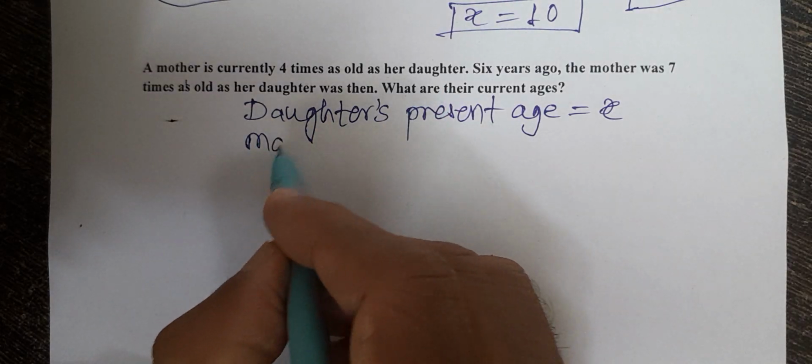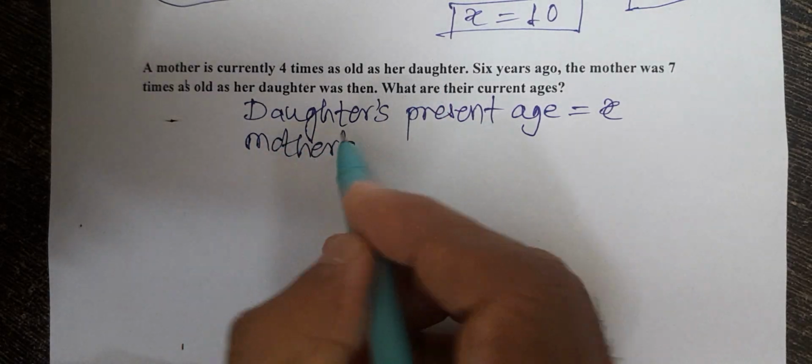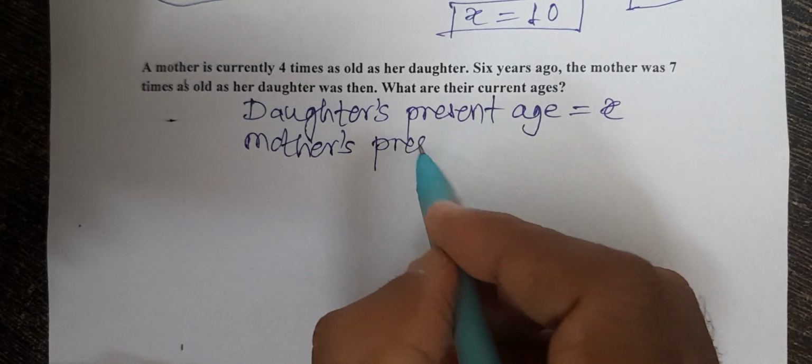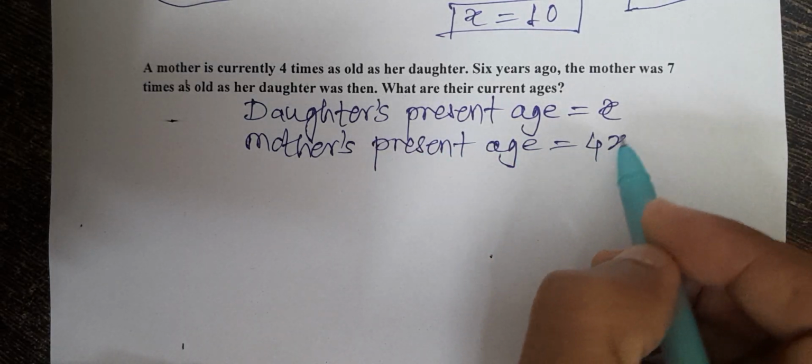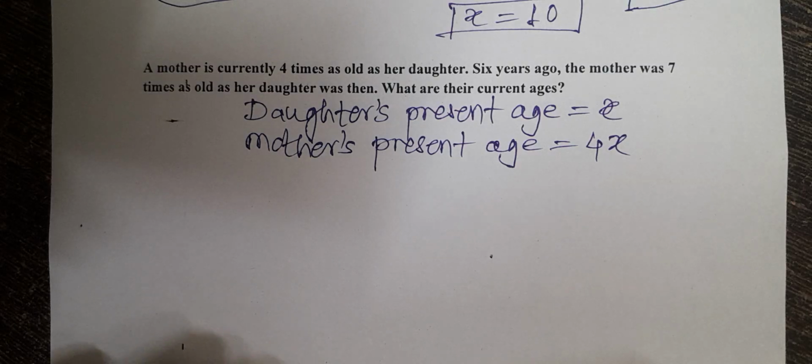So mother's present age is 4x. Okay, but 6 years ago the mother was 7 times as old as her daughter.